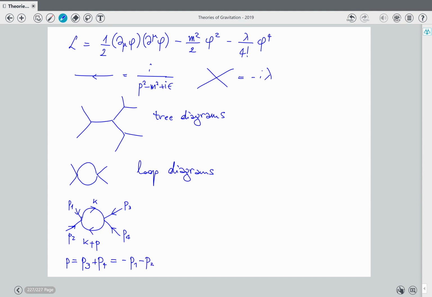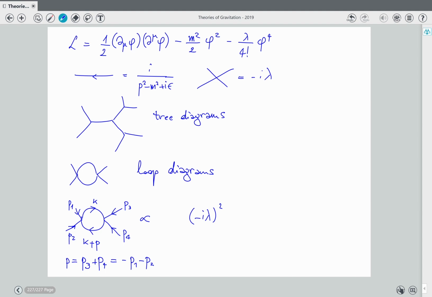And once you have given names to the momenta and imposed the conservation of momentum at every vertex, you just write, apart from a combinatorial factor, the product of the vertices. The two vertices are these, and the propagators inside the diagrams.